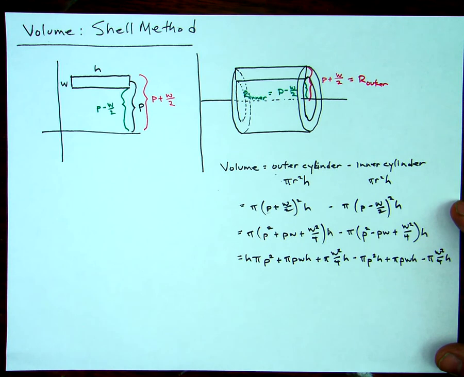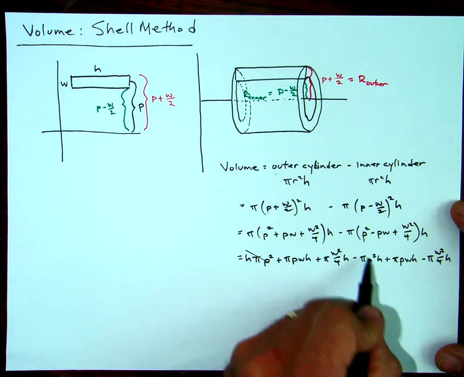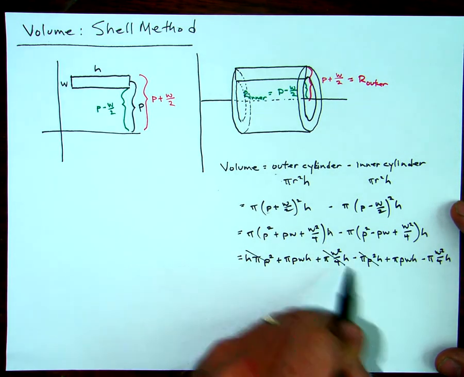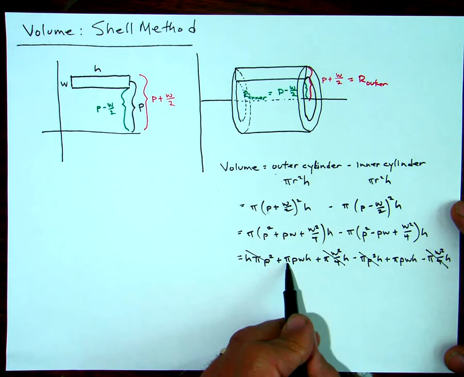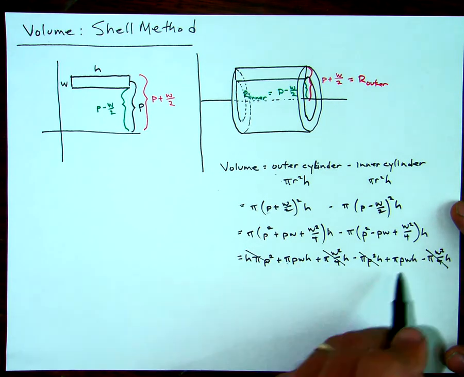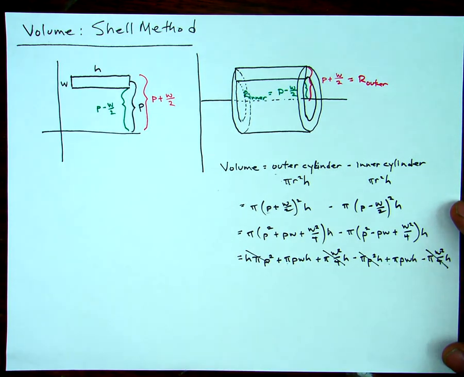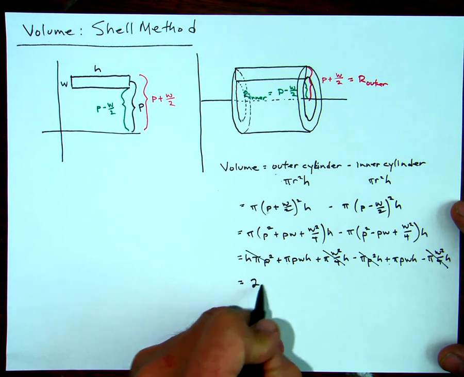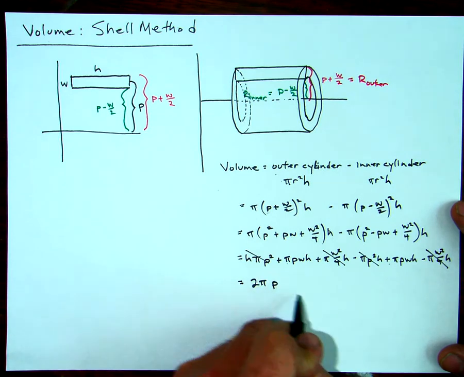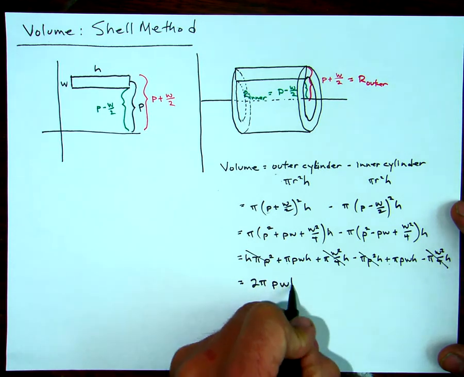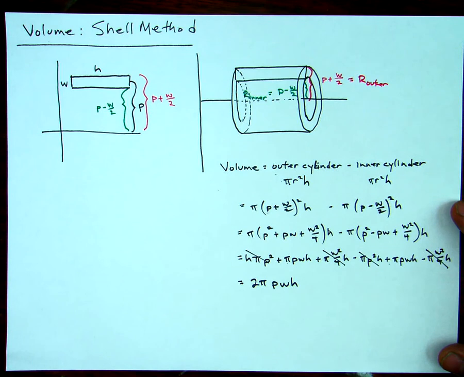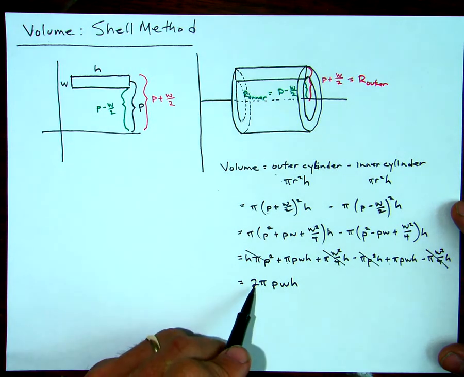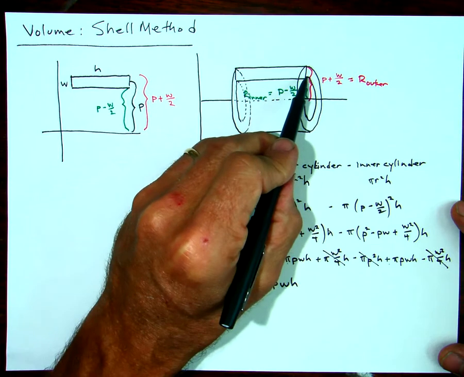But the thing is that this cleans up nicely because this and this cancel, this and this cancel, and I'm just left with pi PWH plus pi PWH, or 2 pi PWH. Alright, so that gives us the volume of one cylinder.